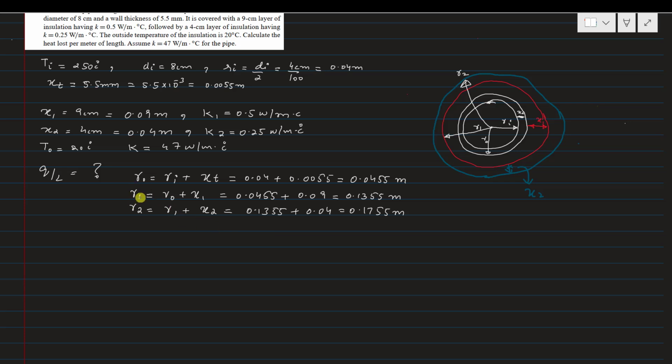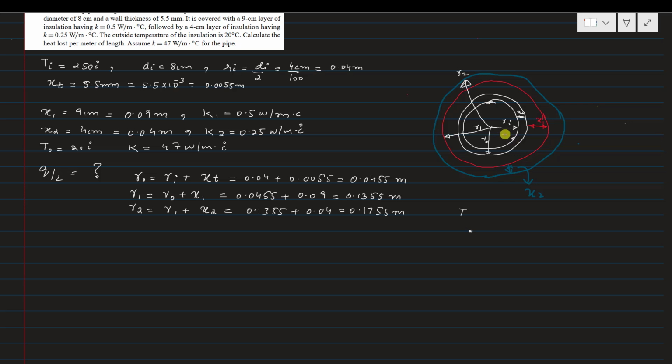So all the radii we have calculated so far. So things are very easy now in order to solve this heat transfer per unit length of the pipe. Now look at the resistance network diagram. Inside this pipe, the temperatures are starting from this point.